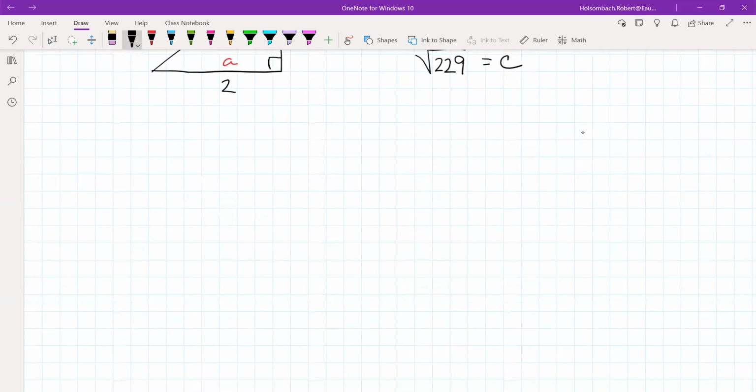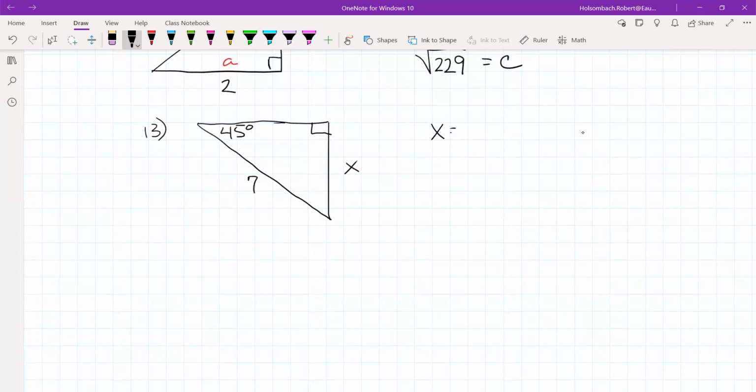Number 13, we're back to a 45, 45, 90 triangle. You're given the hypotenuse, they're calling the leg x.